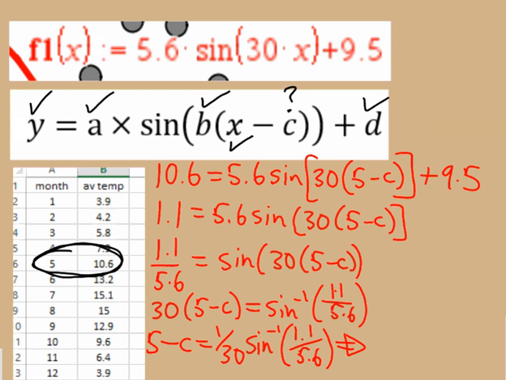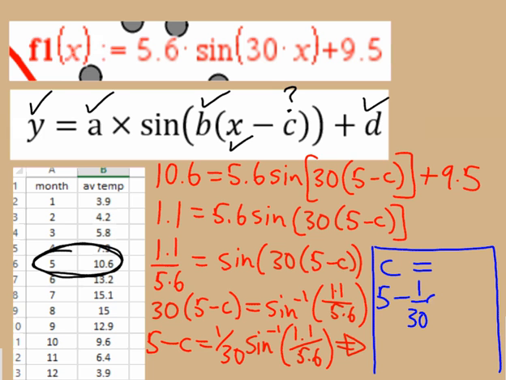In other words, C equals 5 minus 1 over 30 sine inverse 1.1 over 5.6.